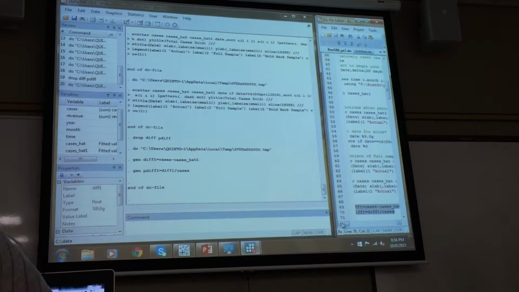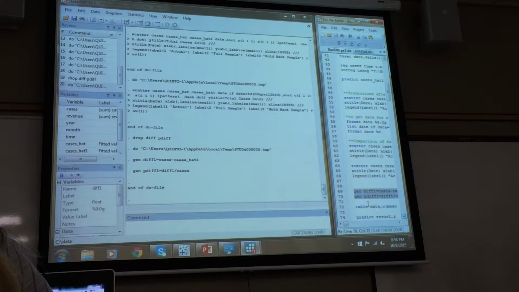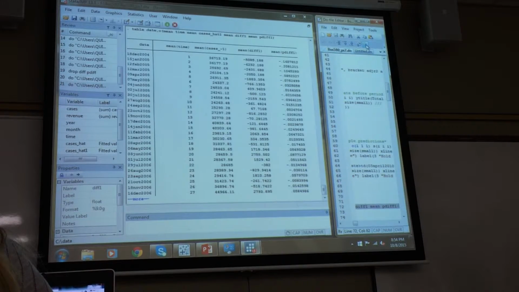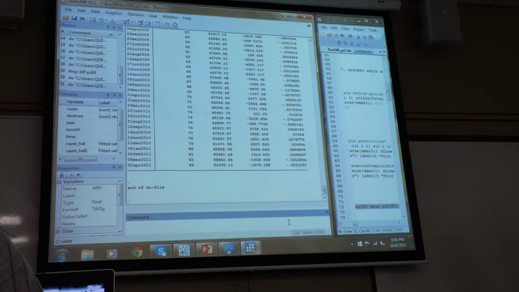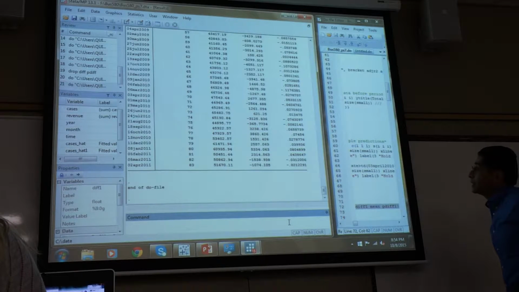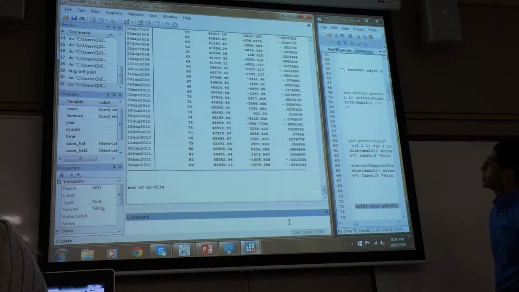But essentially what I want to do is look at that table again and thumb through the results. And we can graph these. But basically, we're seeing if we see a lot of big numbers in there.